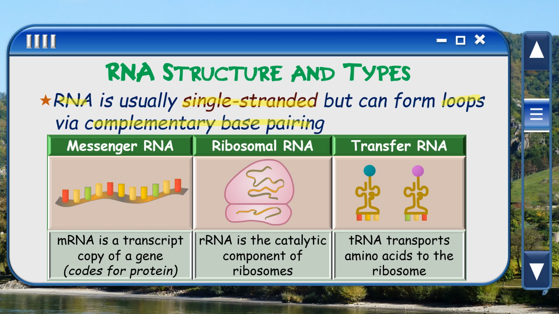We have examples here, like messenger RNA. If you look at messenger RNA, it has only one strand. That backbone is made up of sugar phosphate. Then these ones that you are seeing on the backbone are the nucleotides, the bases.